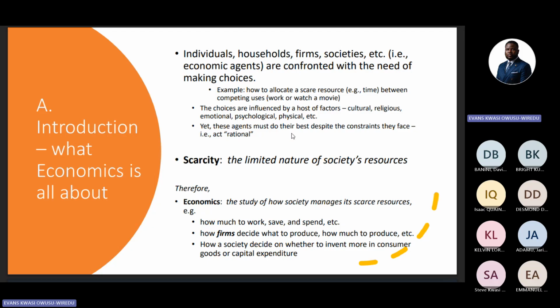Whether you choose to watch football with that free time, or you choose to do something that will earn you some small coins, it is also a situation where you need to make choices. So these are some of the examples. You will pick the one that you feel benefits you most at that moment.